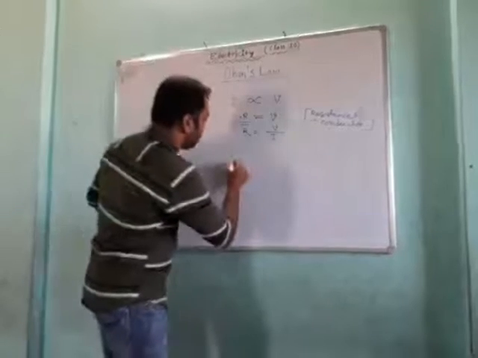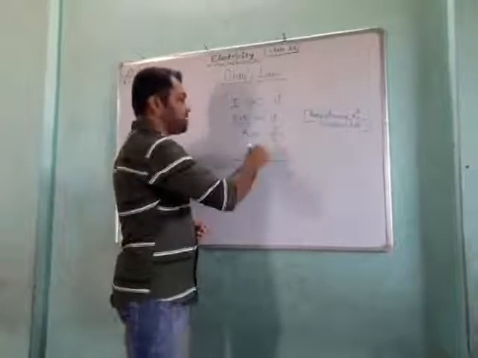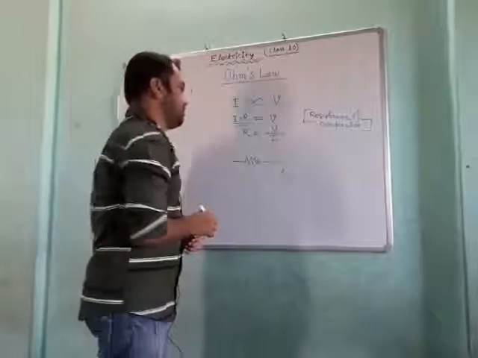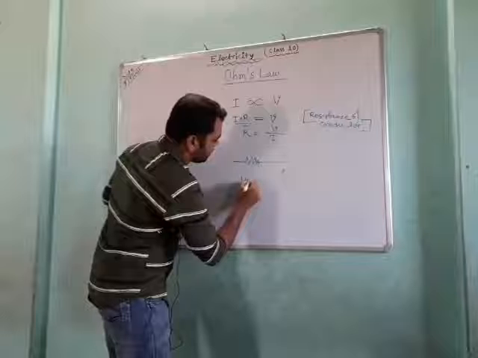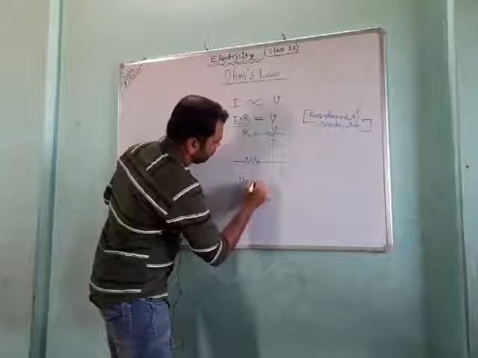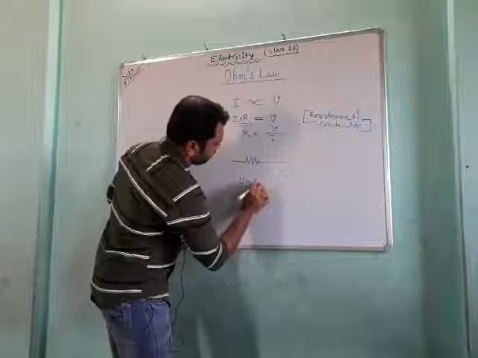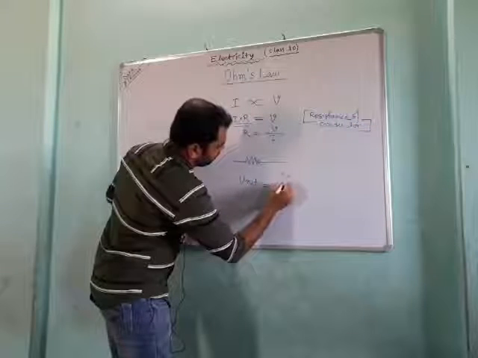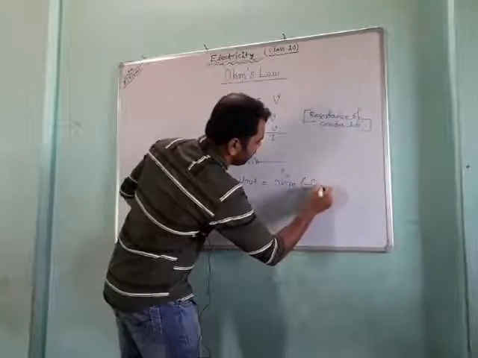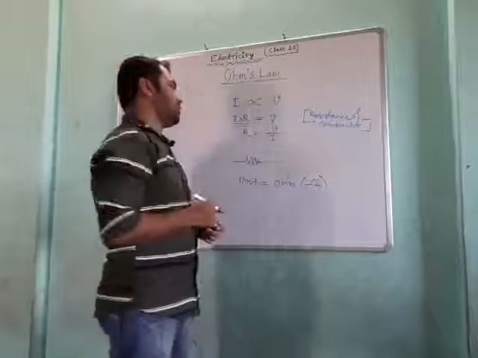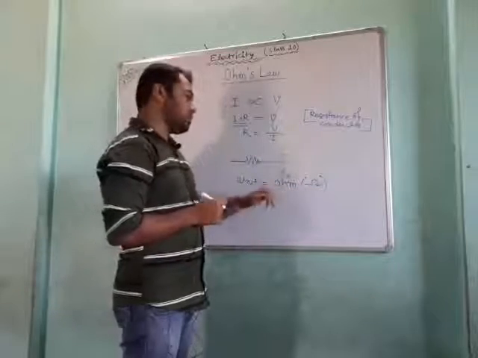The symbol of resistance is always given by these zigzag lines, and the unit of resistance is ohm. Or simply you can give this sign. This sign is also used as the unit.